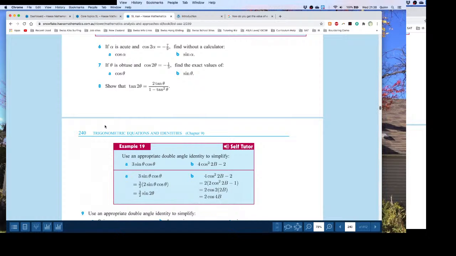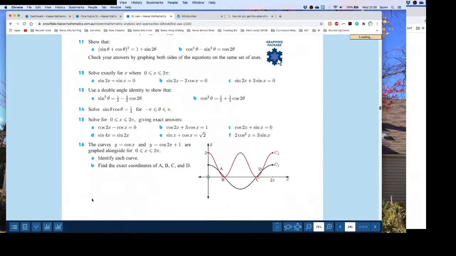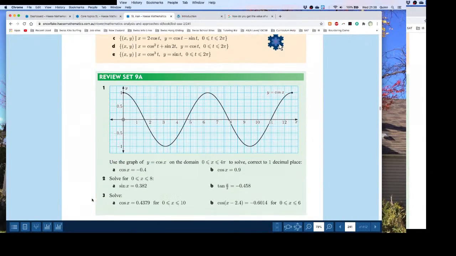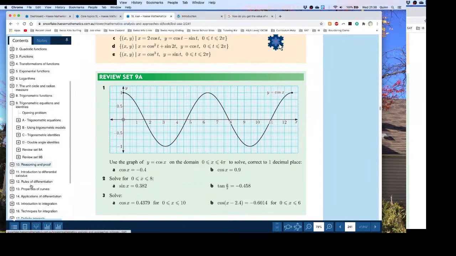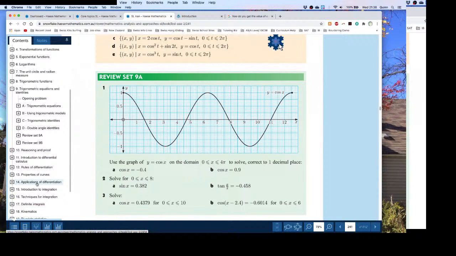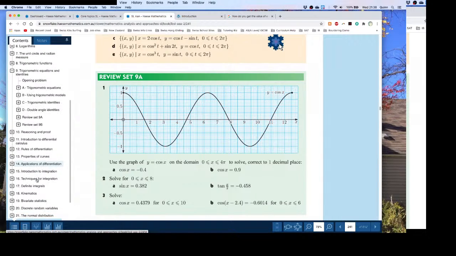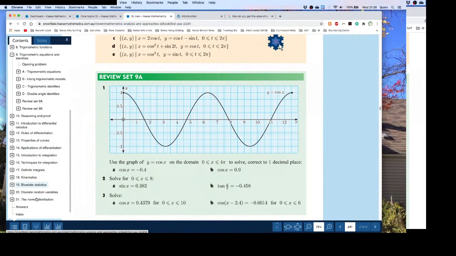Let me try and think. What else would they get you to memorize? If no one says anything about trig stuff, then we can look at a different chapter. If you guys are okay with trig, then, we didn't do statistics or techniques for integration.